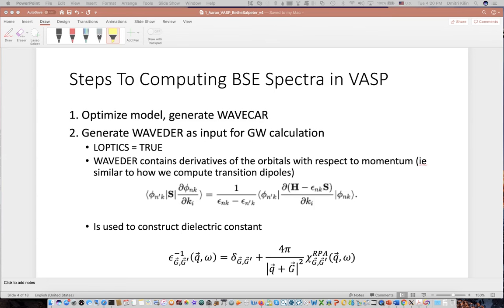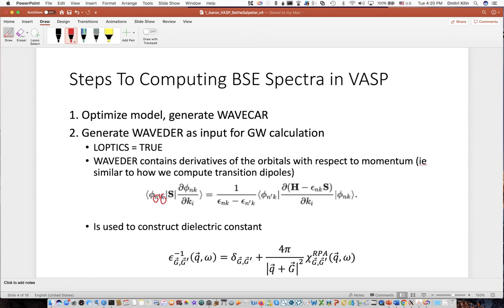I have another question. In the wavecar, in some sense, it includes only expansion coefficients of a given orbital over basis functions, right?